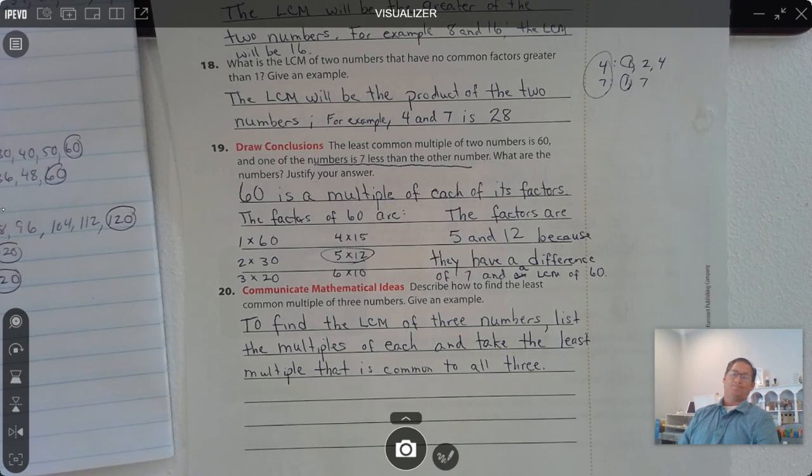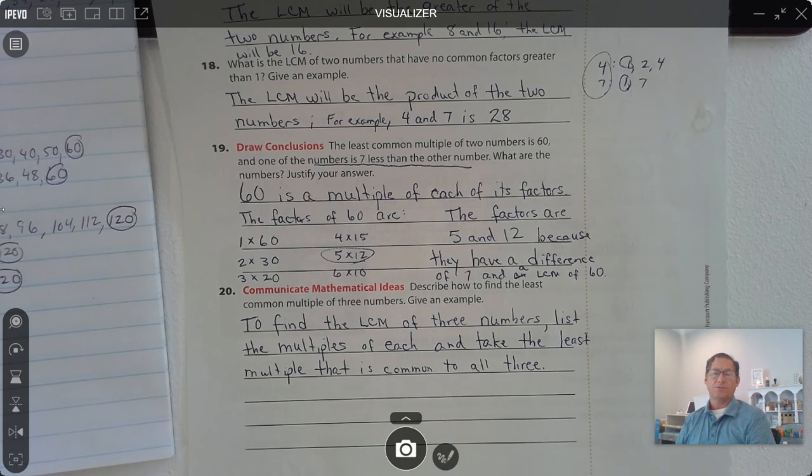So to find the least common multiple of 3 numbers, you're going to list the multiples of each of the numbers and take the least multiple that is common to all 3.